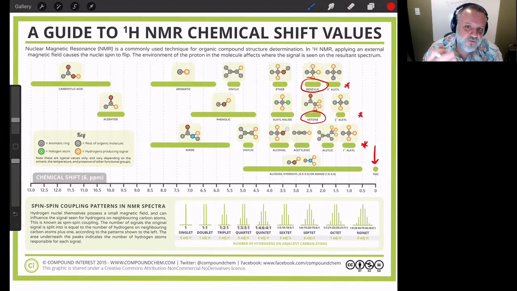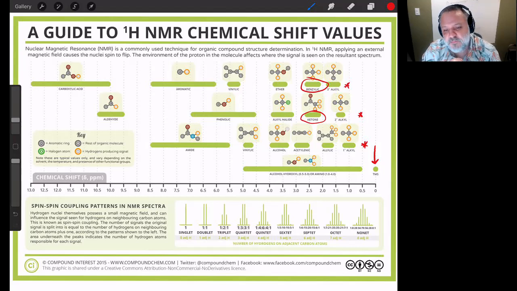Let's take a look further down the chart, further downfield into greater parts per million, greater chemical shifts. Look what happens. Things really start to get uncluttered. In the 4.5 to 6 parts per million range, there's a few things listed.